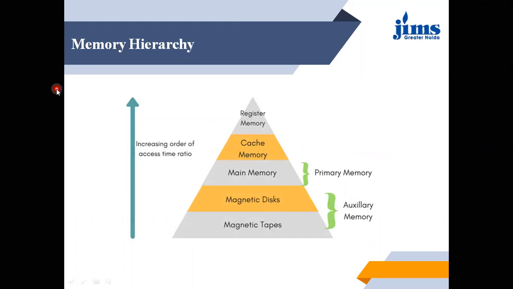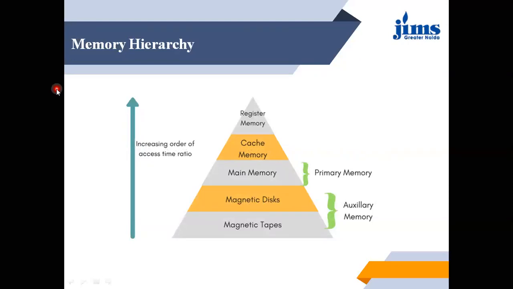Now about the memory hierarchy. As there are different types of memories, we will discuss the memory hierarchy here. There are a lot of factors concerned with memory, like cost and speed.